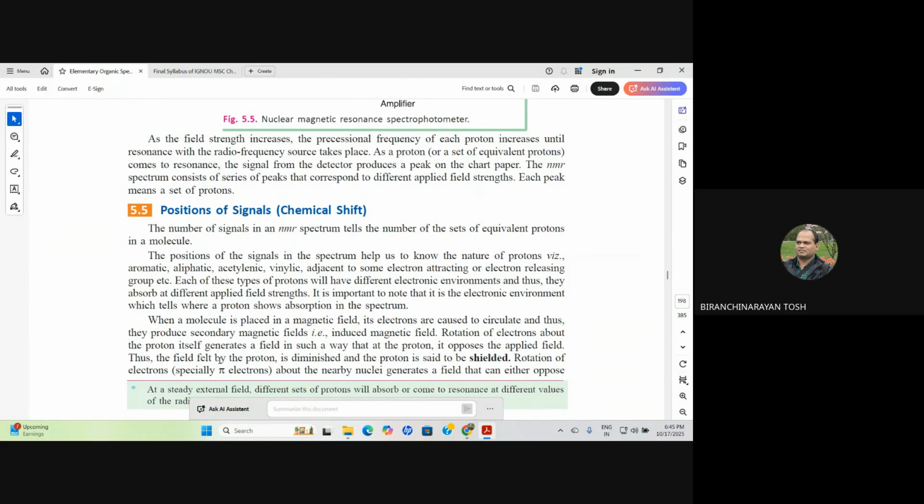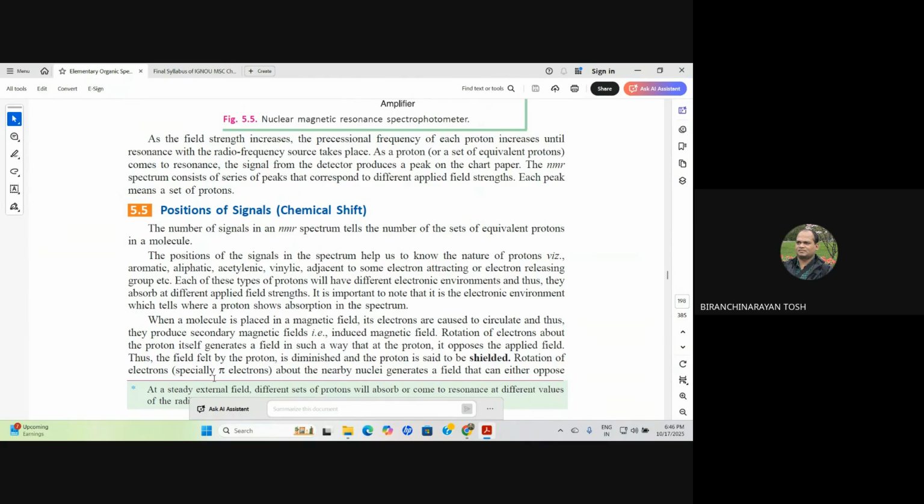The field felt by the proton will be less in comparison to the case where electrons are not there. Due to their field, they oppose the applied field, so the field felt by the proton will be diminished or decreased. At that time, we say that the proton is shielded.